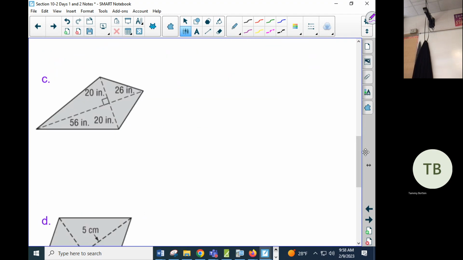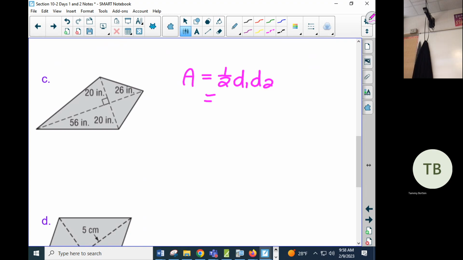Okay. Now, if I look at this one, again, area is 1/2 D1, D2. So you would just, this is a kite, and notice in a kite, these two can be equal, they don't have to be, but like these two wouldn't be equal, okay?